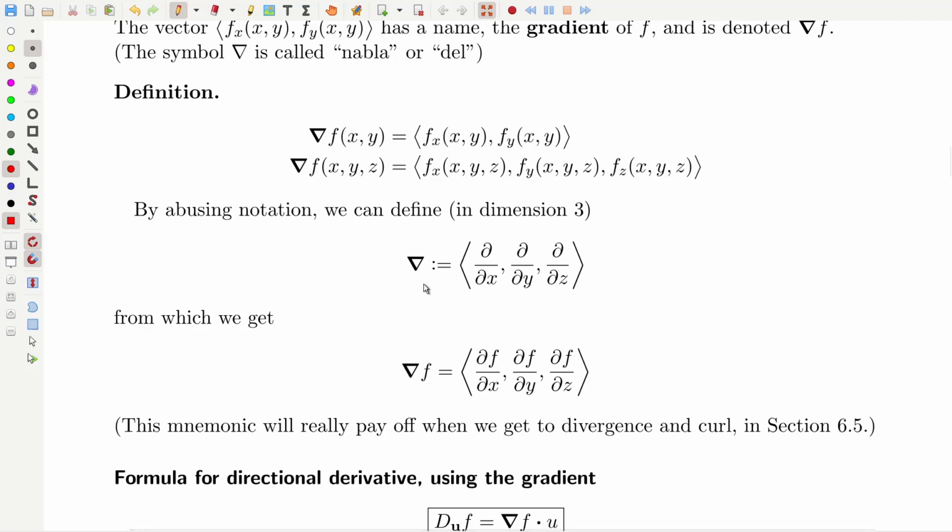So it is a bizarre entity, but if we just kind of accept it symbolically, then one thing we get is that the gradient looks like this. It's as though when we apply f on the right to it, we can pass the function through to each of the components, meaning that we end up taking the partials of the function f with respect to all of the variables that the function takes. So if f takes the values x, y, and z, then you have partials in terms of x, y, and z.